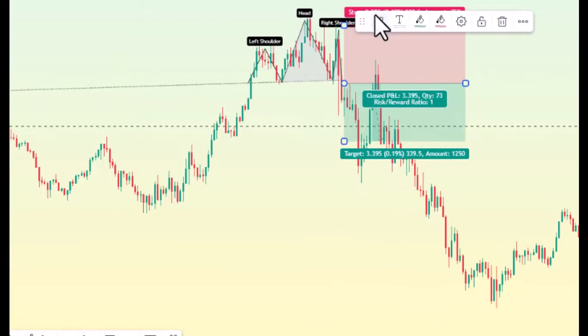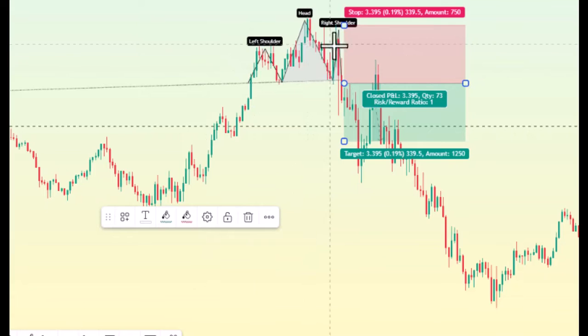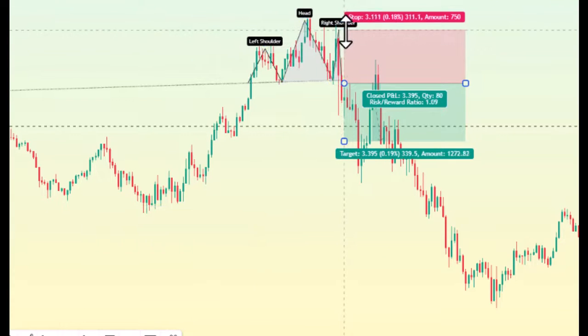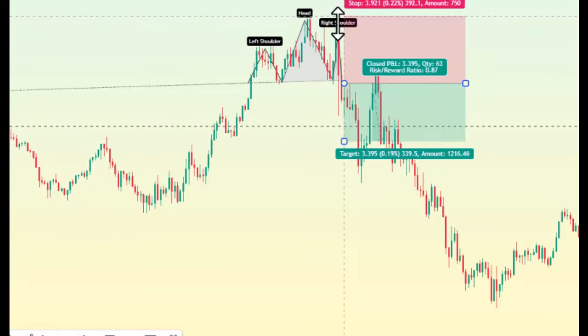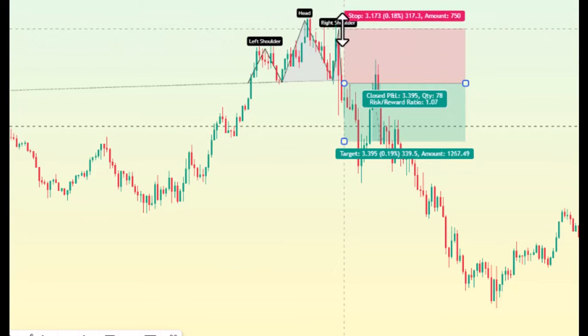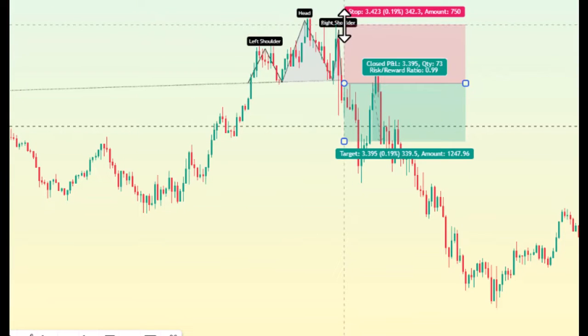As I said before, we have two choices. We can put our stop loss behind the right shoulder, behind the base, or behind the head. Assume I put my stop loss behind the right shoulder, and I get my take profit as high as the head.